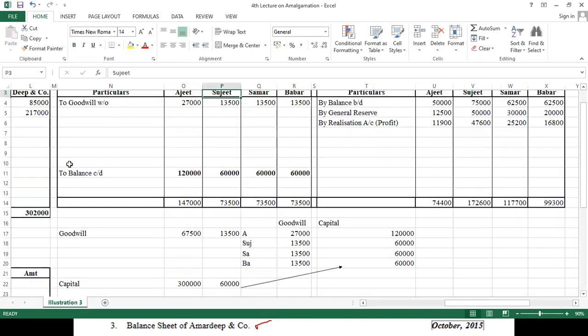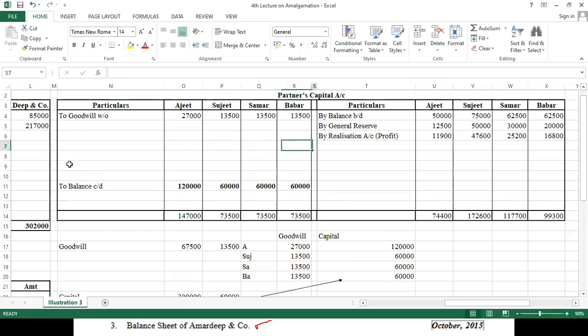Which side is heavy? डेबिट साइड इज हेवी. तो यहाँ पे हमको लिखना पड़ेगा बाय बैंक अकाउंट. आई एम पुटिंग स्टार मार्क. दैट मीन्स दिस इज अ बैलेंसिंग फिगर. हाउ मच इट इज? 1,47,000 minus 74,400. So it comes to 72,600.